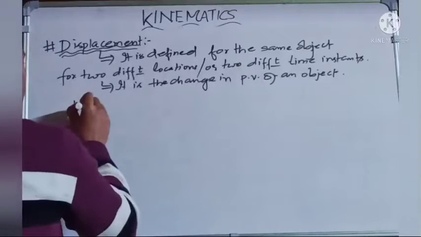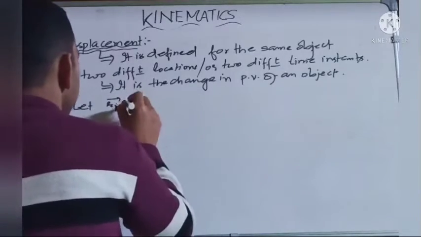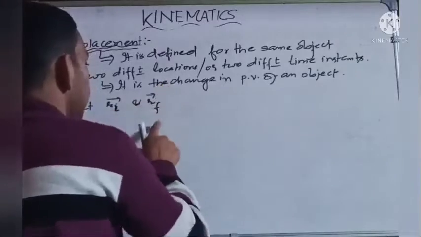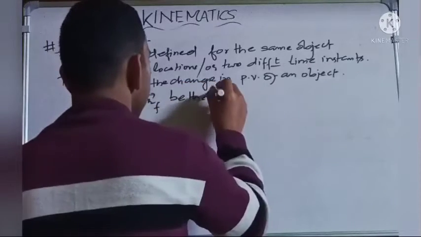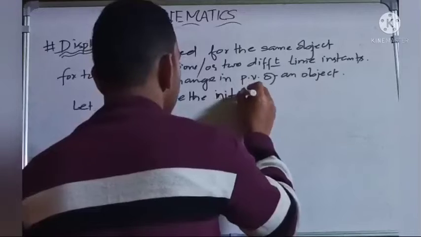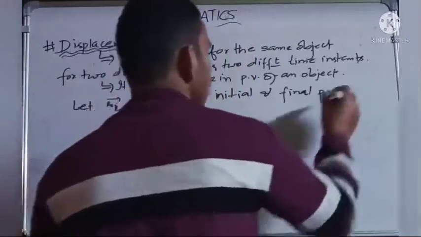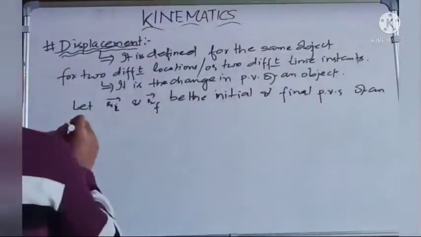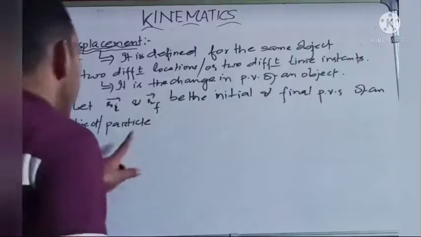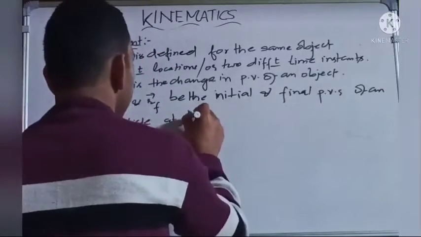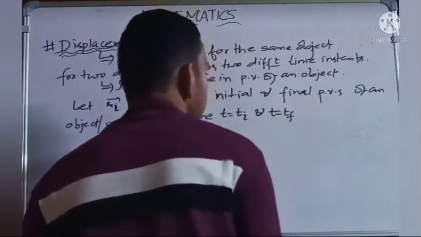Let us suppose Ri vector and Rf vector, where I denotes initial and F denotes final, be the initial and final position vectors of an object or a particle or a point object at time t equal to t initial and t equal to t final respectively.